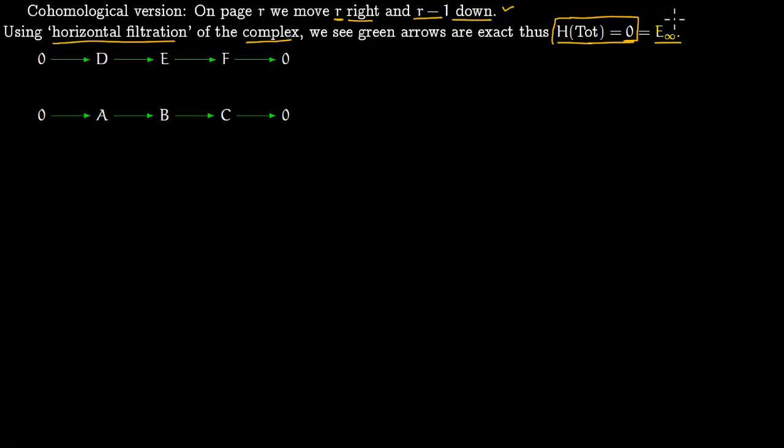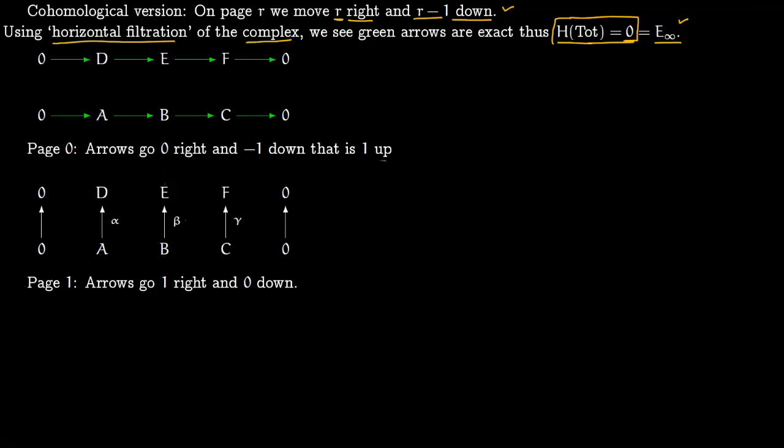We proved that in the homology case, and we carry over the same reasoning to the cohomology case by simply reversing the arrows. So we now know that the infinity page just consists of 0 modules. There are no non-zero modules on the infinity page, and this is important, which we are going to use.